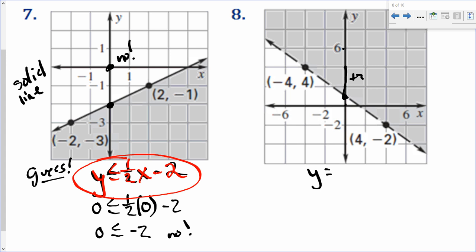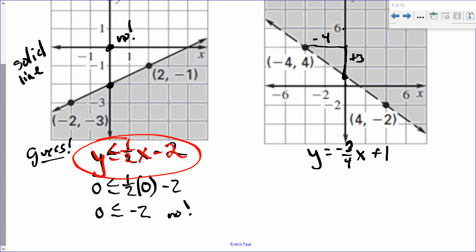So that's +3, and I go backwards to 4. That's -4. So I've got a -3/4 x plus 1. That's my equation. You might be a little faster at that. You might not. You might take a little bit more time with that, but that's what I have.